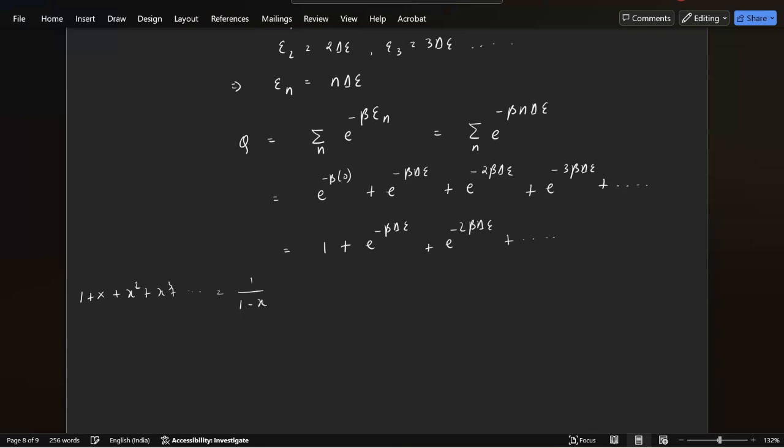Do you remember this formula? Yes, sir. Yeah, that's the same formula that we are going to use here. Therefore, the partition function is equal to 1 divided by 1 minus e^(-beta delta E). So this is our formula.